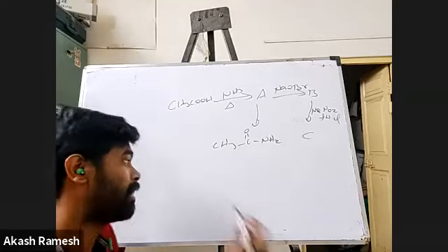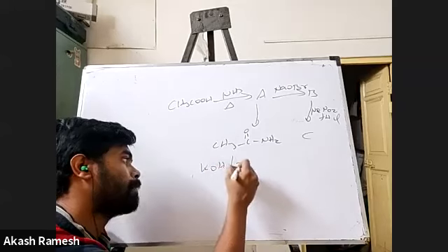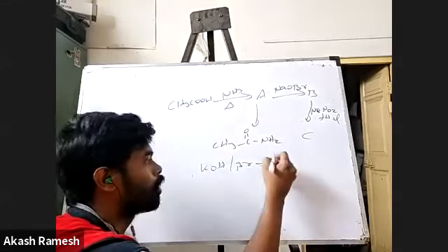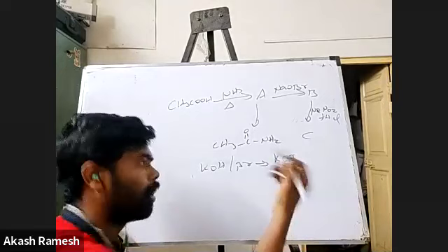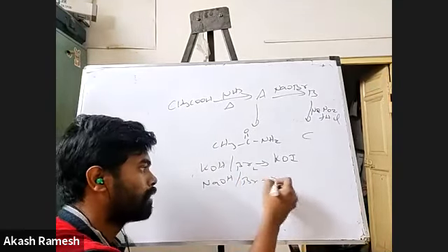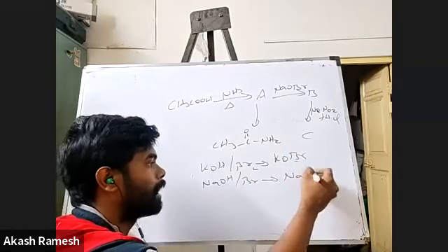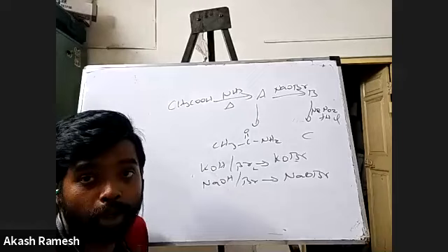But please understand, even if I put KOH and Br2, that is also going to form KOBr. Or if you put NaOH and Br2 or I2, whatever it is, this is NaOBr. Right, here also you're going to form NaOBr. There are two ways of producing it.